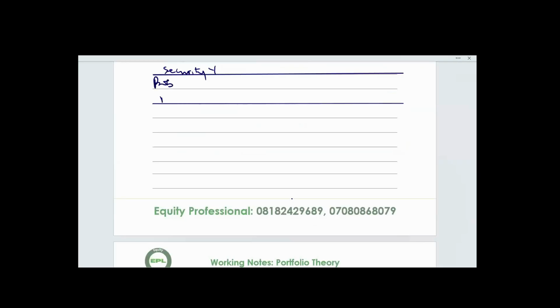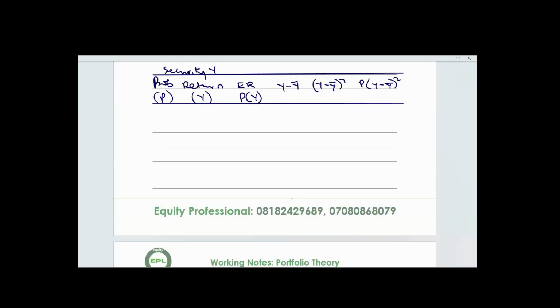Probability, then return, then expected return, which is probability multiplied by Y. All right, we have Y minus Y bar, Y minus Y bar square, then probability of Y minus Y bar square.